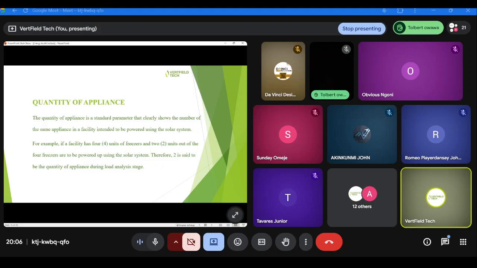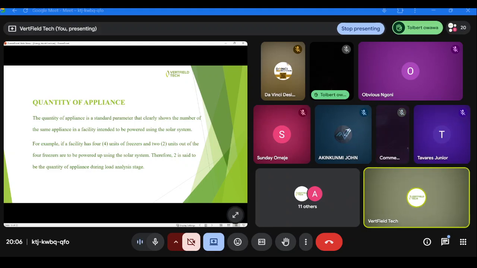So it means there are 2 TVs we are going to be powering up using the solar system. That is what we mean when we talk about the quantity of appliance.